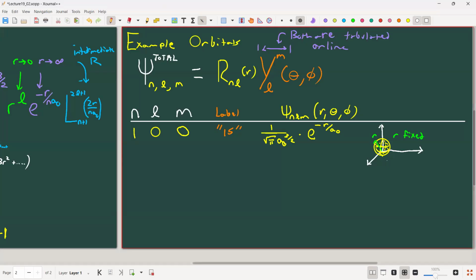But if I were to instead look at the wave function on the r-axis, psi looks like e to the minus r over a naught, so it has some value at r equals 0 and it decays out. So in terms of angles, it looks like a sphere, but in terms of r, the wave function is an exponentially decaying function that gets, in some sense, weaker as it goes out.